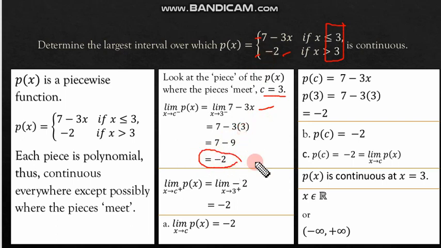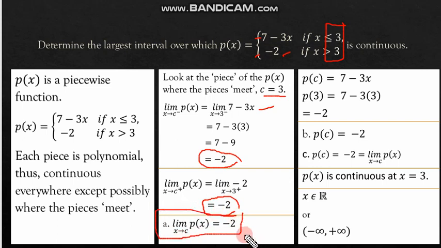For the right side, the limit of negative 2 as x approaches 3 from the right, so that's negative 2 as well. Since the limit from the left is equal to the limit from the right, therefore our limit of the function is equal to negative 2.